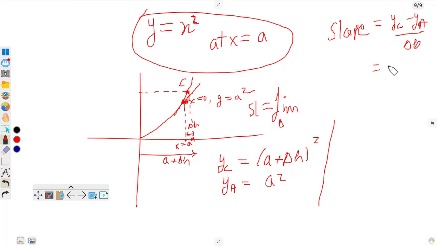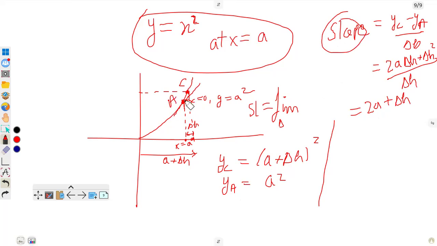Do a mental calculation, and it will turn out to be 2a delta h plus delta h squared, divided by delta h, and we have 2a plus delta h. This is the slope of the line that passes through a and c, where point c is defined by taking a tiny nudge delta h.